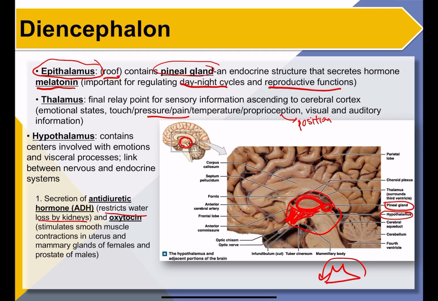Okay, again, this is something we'll touch on in detail when we get to the urinary system in the next semester. Oxytocin is the hormone that stimulates smooth muscle contraction in the uterus during labor and delivery. And it also is in charge of activating mammary glands of females and prostate glands of males.